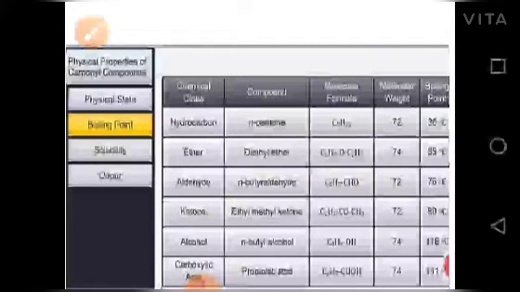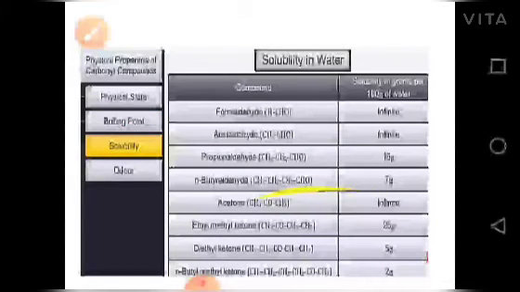You can see in the table aldehyde having a 76 degree Celsius boiling point and ketone having 8 degrees. As I said, aldehydes and ketones have higher boiling points than hydrocarbons and ethers, which you can see are 36 and 35 respectively, and this is due to weak intermolecular dipole-dipole interaction.